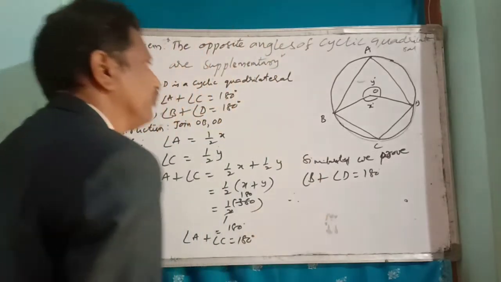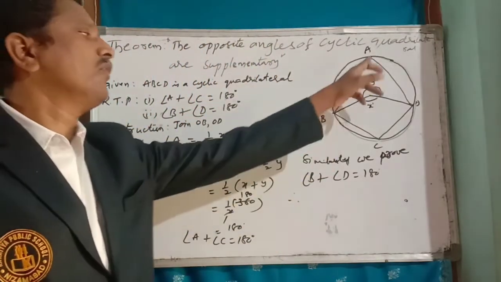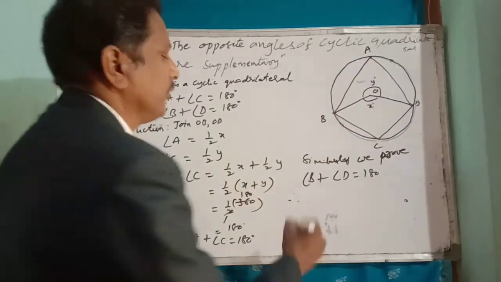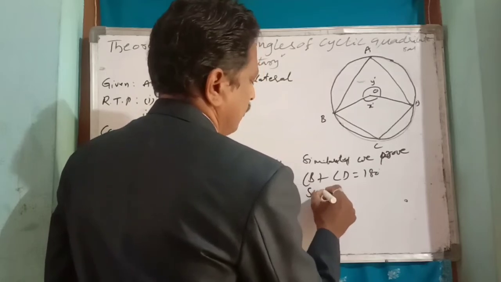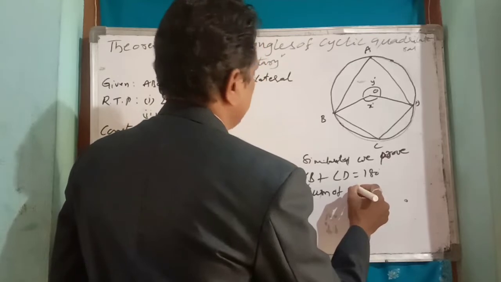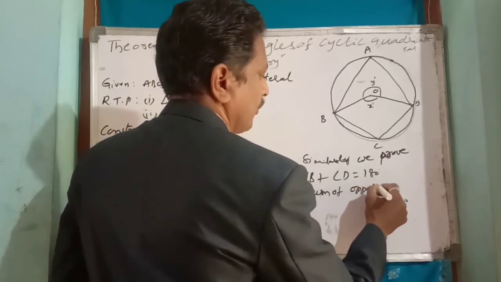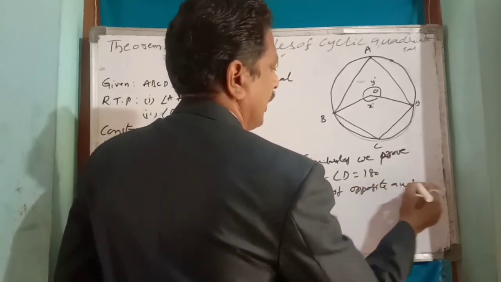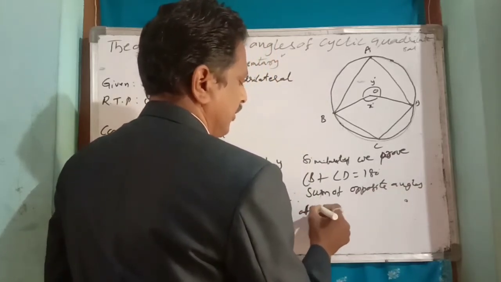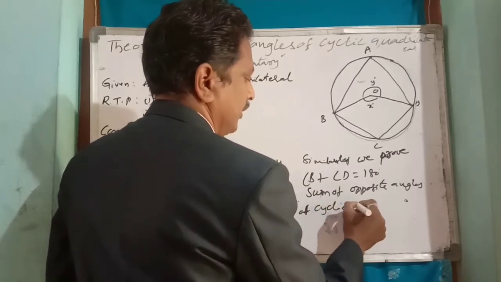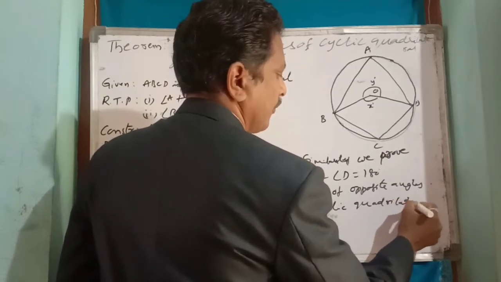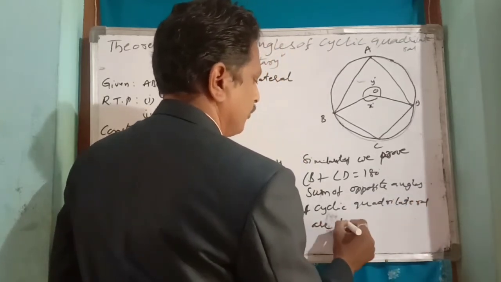Therefore, what do we conclude? Therefore, the sum of opposite angles of a cyclic quadrilateral is supplementary.